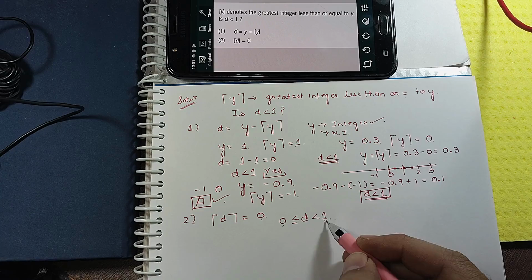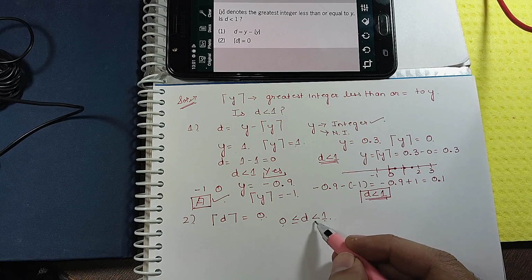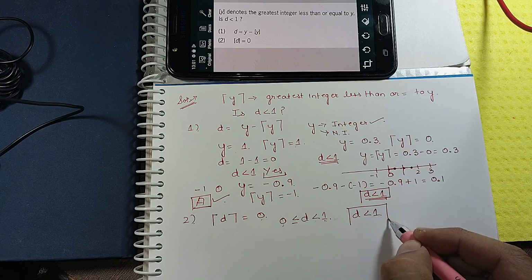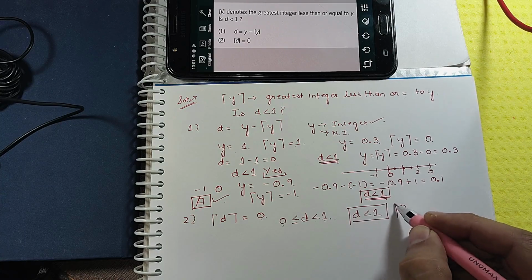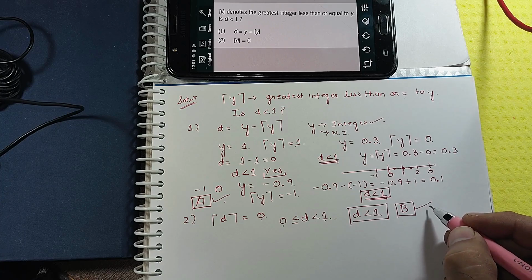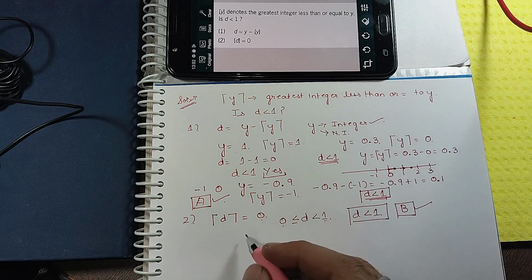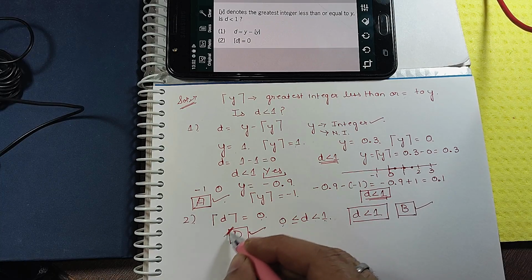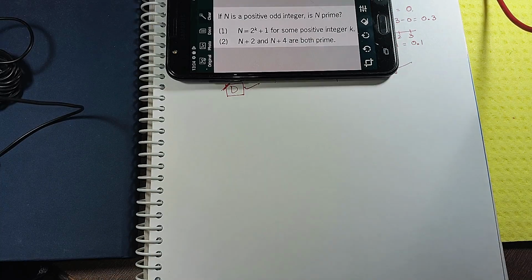But if it is equal to 1, then it will be 1, so that's why I have not written equal to over here. So this basically means that d has to be less than 1. So again I can say that statement 2 alone is sufficient to answer my question. So in this particular case I will say that option D, both the statements alone are sufficient to answer my question.